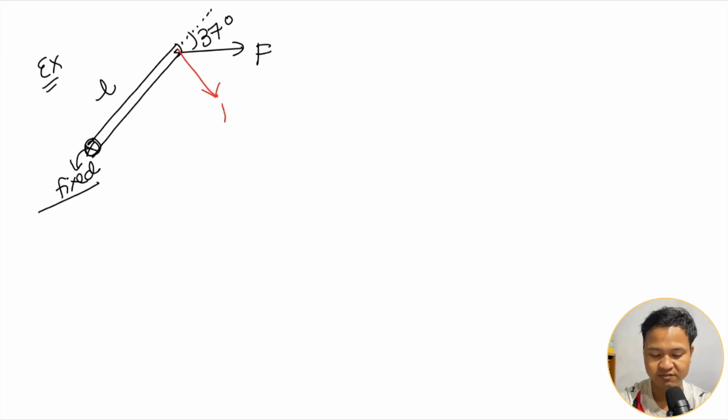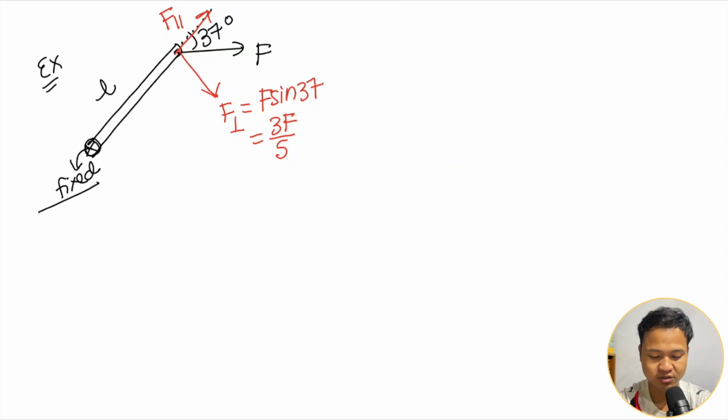Here you have f perpendicular, which is f sin 37. Sin 37 should be 3/5, so this is 3f by 5.